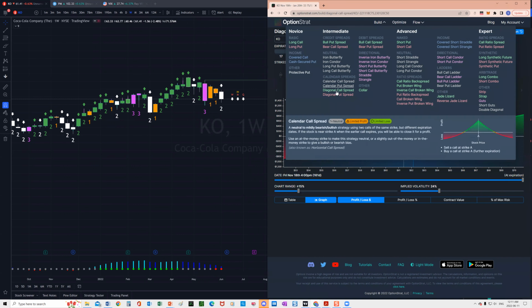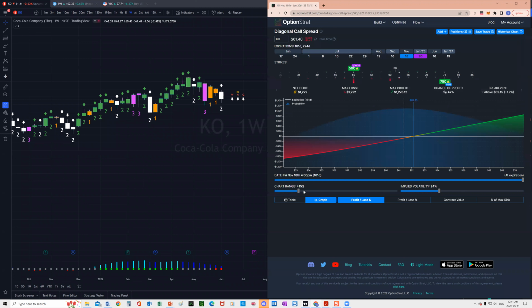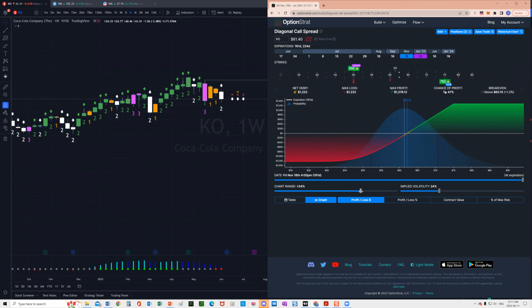So with a diagonal call spread, what you're doing is you're buying a call and you're selling a call, but you have different expiries. So you are buying a call that is further out in time, but closer to the money. And you're selling a call that is out of the money.